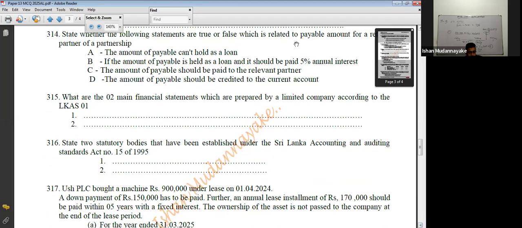Right. Question number 315. What are the two main financial statements which are prepared by a limited company according to LKAS 1? Good question.